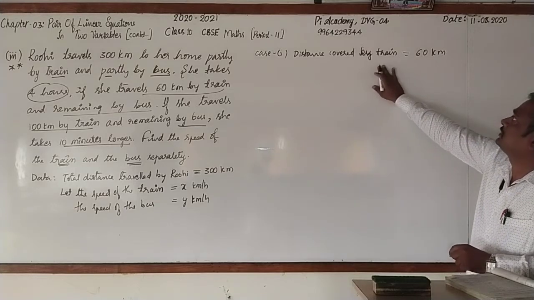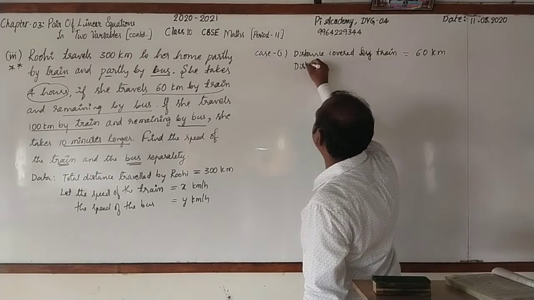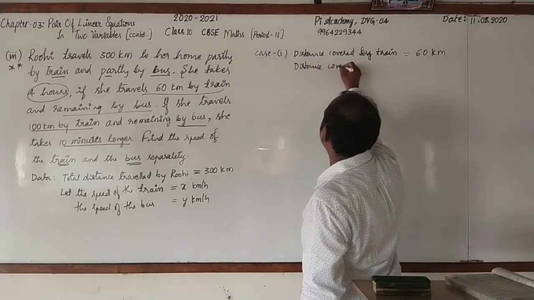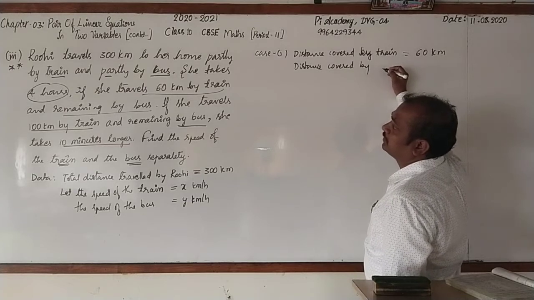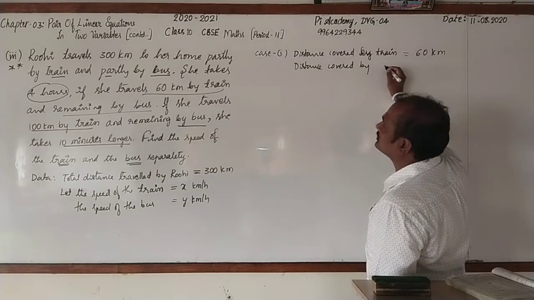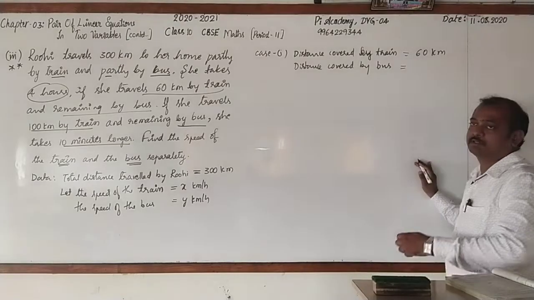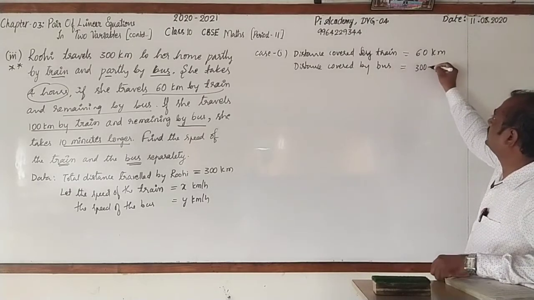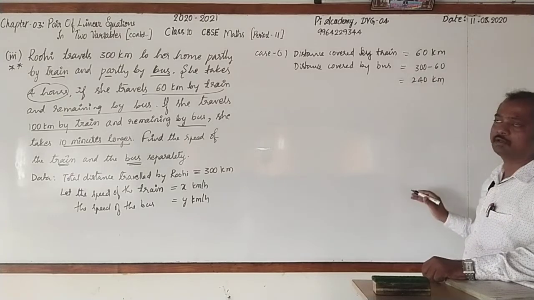If she travels 60 km by train, what about the distance covered by her by using bus? It is 300 km minus 60. This is equal to 240 km.